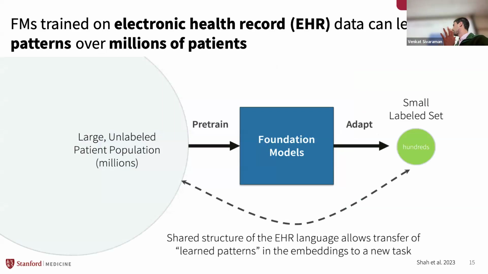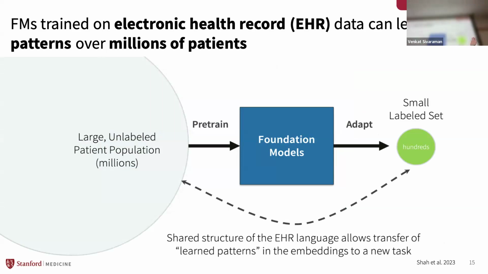And so the vision, mapping this to healthcare, is we want to train a foundation model on health record data, on this very large mass of unlabeled data, potentially millions or tens of millions of patients. And then the hope is we learn some model that can then be adapted to whatever specific downstream task you want. And oftentimes for the downstream tasks you care about, you only have a few examples of the patients you care about.